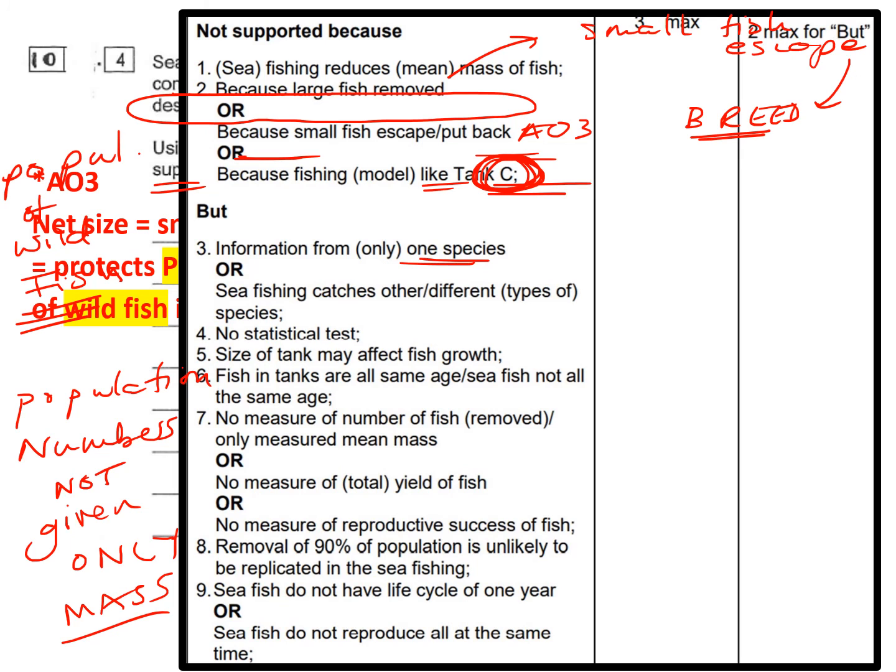We do not know, there's no data, that's missing data, if that is the case for all different populations of wild fish. So in AO3, one of the techniques is to look at this experiment and what species the investigation is actually done on. So you've got to pay careful attention to that.